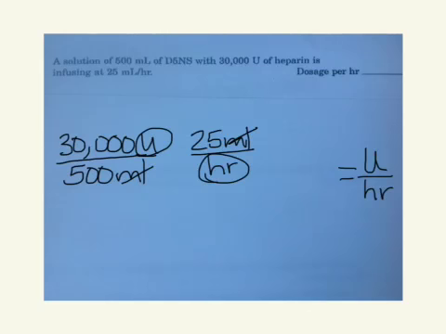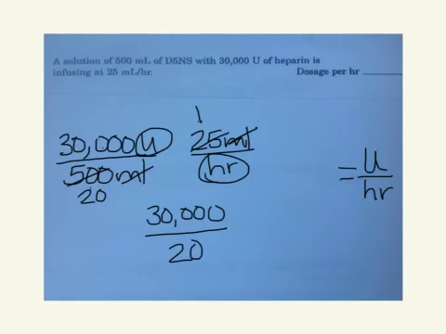And you can do some canceling with this one as well, because 25 will go into 500 20 times. So this becomes a 1, and this becomes a 20. So then you have 30,000 times 1, over 20, and then you divide that, and it is 1,500.